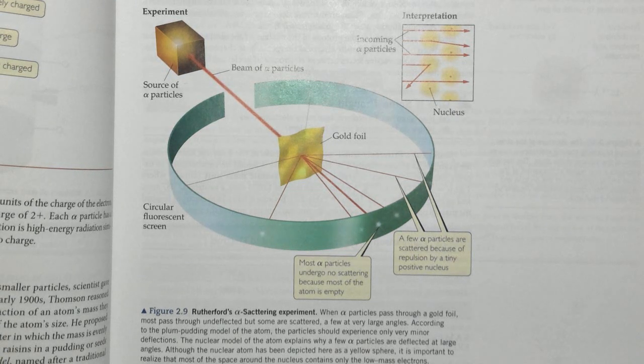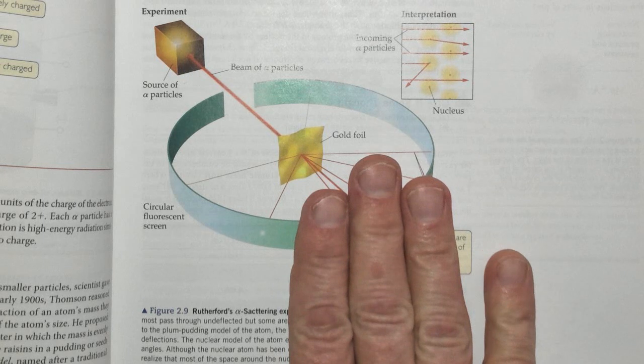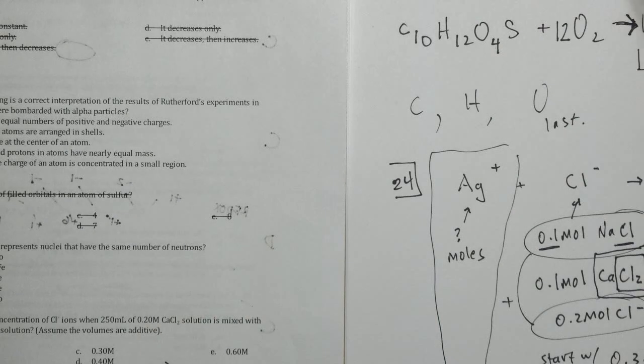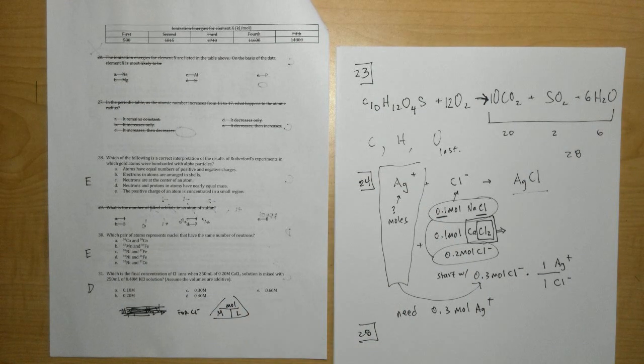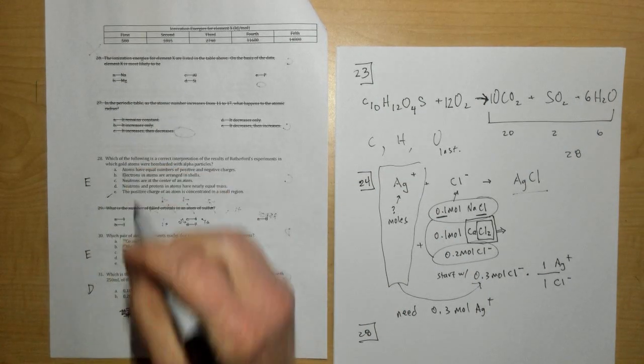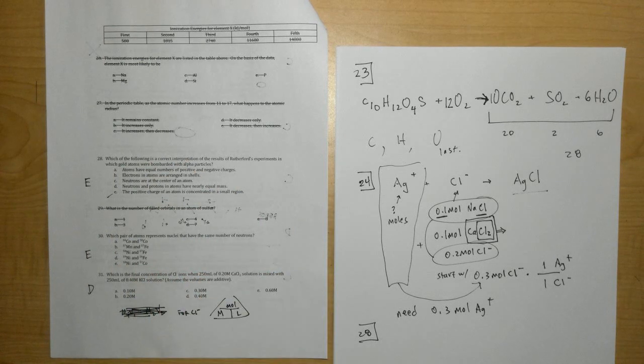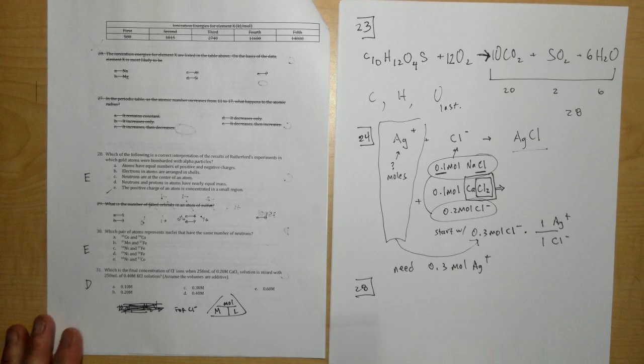They didn't know that at that time, and so what this showed was that there was a dense positive part to these gold atoms, and therefore all atoms. And so the correct answer is letter E, that there's a dense positive charge in an atom, and it's concentrated in a small region, and that small region is called the nucleus.